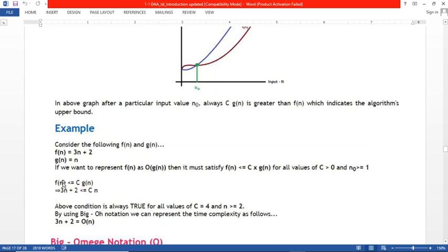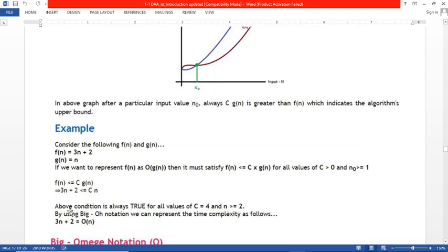So what is f of n here? f of n is 3n plus 2, that we have written here, less than or equal to c, the constant. And what is g of n? Here g of n is n. So this is our equation.